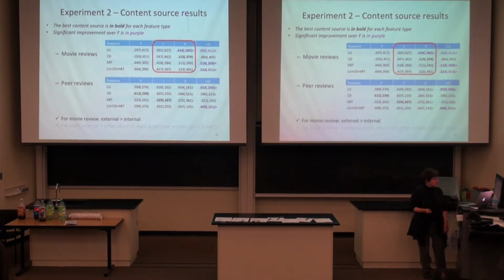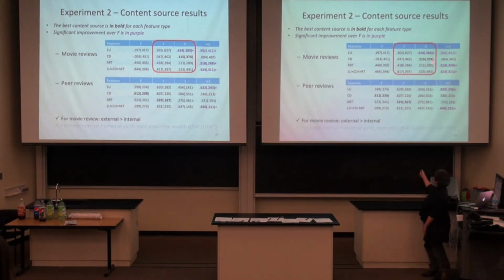Okay, and what you can see here is that first, the utility of the internal versus external content does make a difference, and it seems to make a difference in different ways for the different corpora. So for the movie reviews, the external content is much better than the internal content. We get higher R values. We also get results that outperform just using the full feature set, so not distinguishing the content.